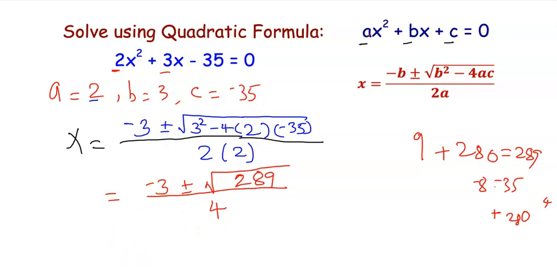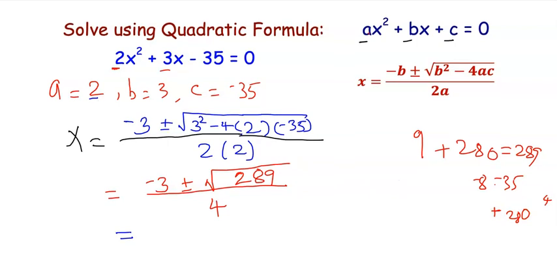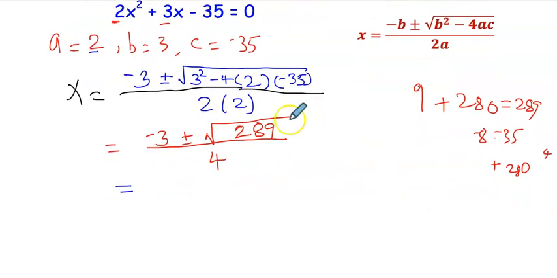Okay, so next step. See, just one step at a time, and we are trying to do it carefully without making any error. Substituted in the formula and simplified. Now the next thing is negative 3 and look for the square root of 289. What is the square root of 289?